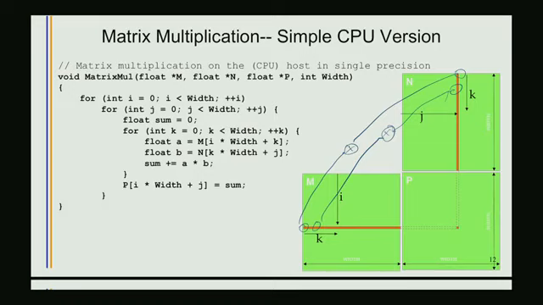I go through that k loop until I've calculated the sum, and then store that at the appropriate Pij. And then we're done. Pretty simple, I hope. Any questions on the C version of this?